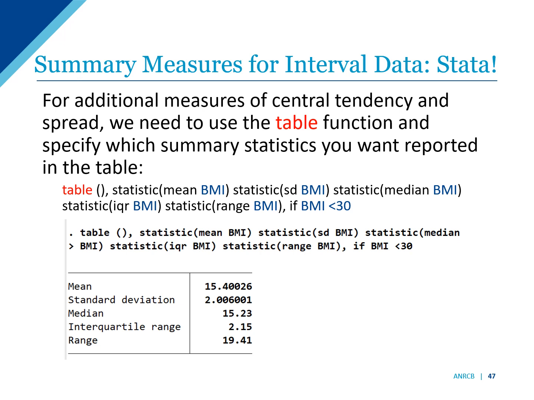So we have to type statistic mean of BMI, statistic standard deviation of BMI, and so on. At the end, then we type the if BMI is less than 30. And what we get is a table of summary measures for BMI. We see the mean and the standard deviation and the median and the interquartile range and range.